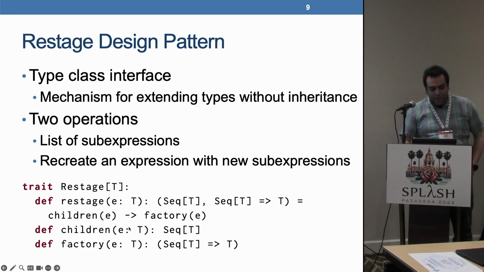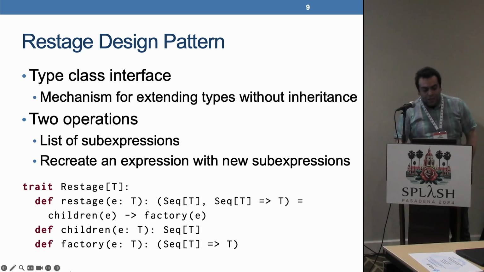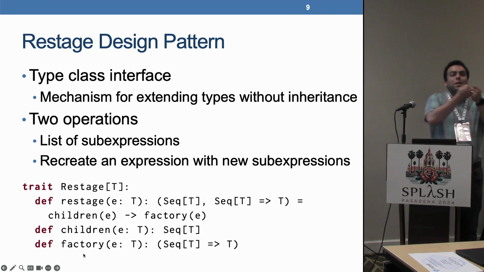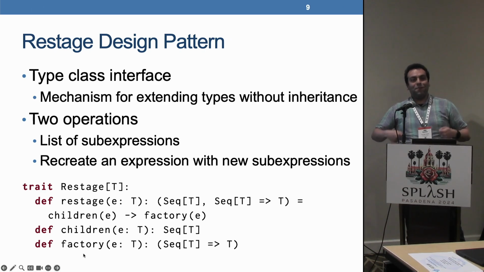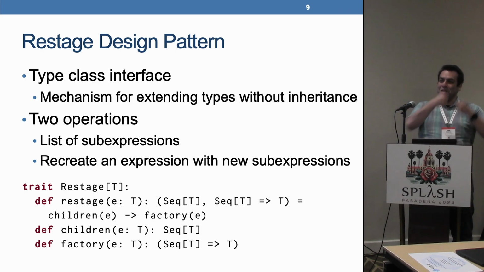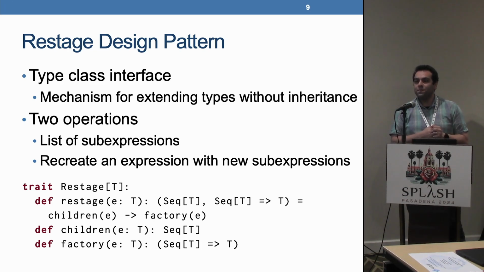So for a given expression of type T, it's going to give back the list or the sequence of its children. And the other one, for a given expression that I pass to it, is going to return a function that, if I supply it a list of new children, is going to reconstruct that expression.